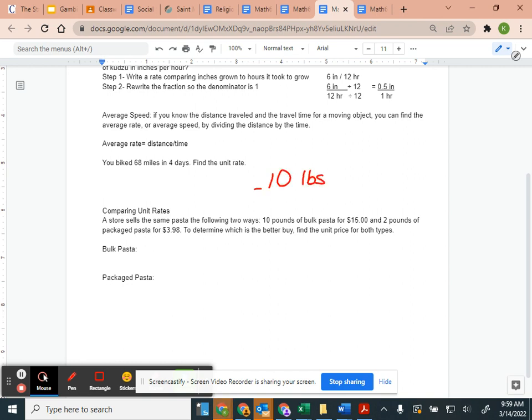Now, I caught a lot of us when we were doing our work problems in the workbook, we weren't putting our measurements on there. And that's how we were ending up with mistakes.